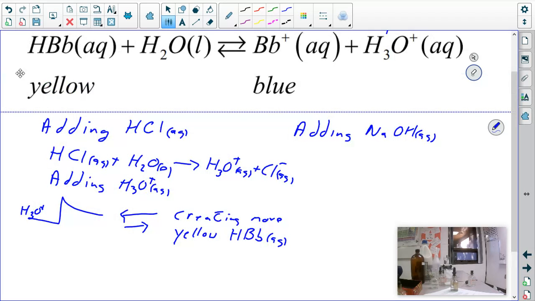So now again, these colors, we'll talk about how we decide to look at those as we get through the unit, but right now, okay, I have this saved, or I'm recording this. I'll put it on the classroom tonight. So we're creating more of the yellow HBB.